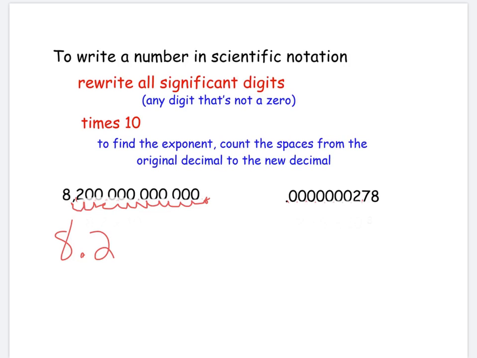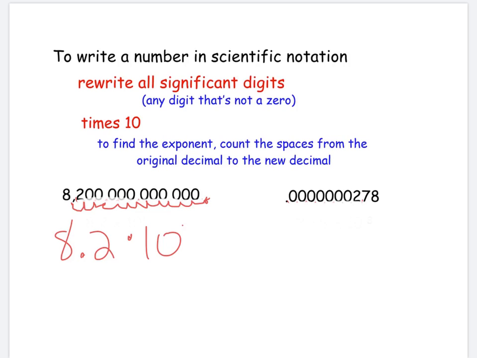So my significant digits are 8 2/10. Then it's always going to be multiplied by 10, so it's going to be 8 2/10 times 10. It's times 10 because our place values or our system goes in powers of 10. So for example, it's the ones place, and the tens place, and the hundreds, then the thousands. Those are all powers of 10. So it's always going to be times 10.